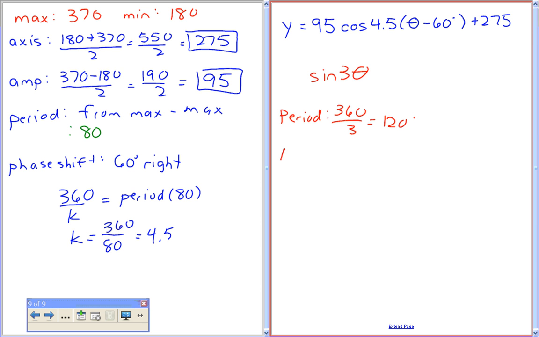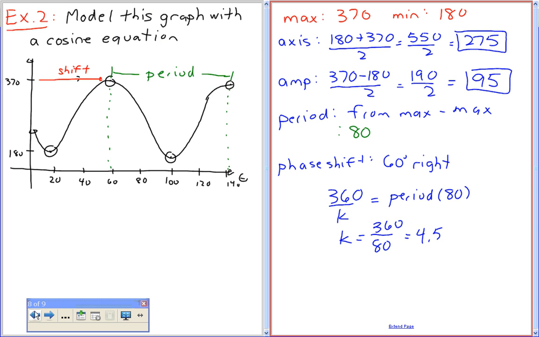And also your action points, 90 over 3, which is 30. That's going to be your horizontal compression by a factor of 3. So in this graph, it's supposed to go from 0 to 360 as a regular graph. It doesn't go from 0 to 360. It goes from 0 to 80. So how do you go from 360 to 80? You divide by 4.5, right? That's all it's saying. It's your horizontal compression.